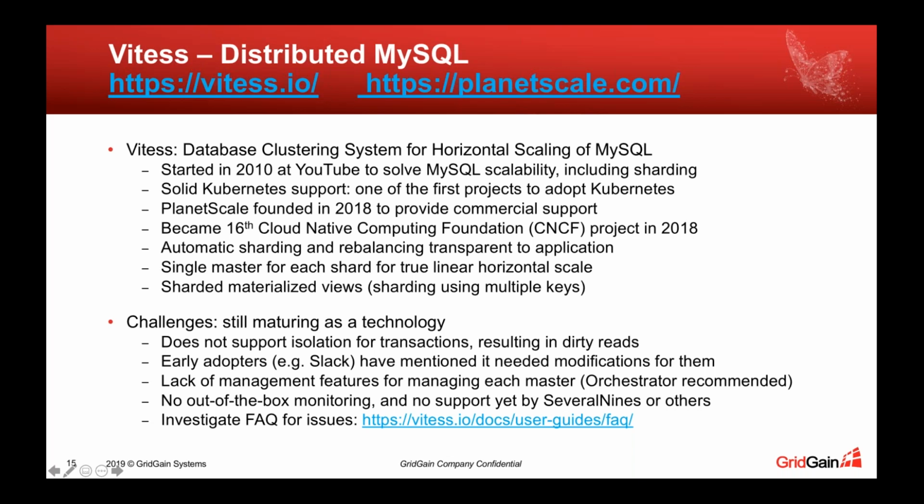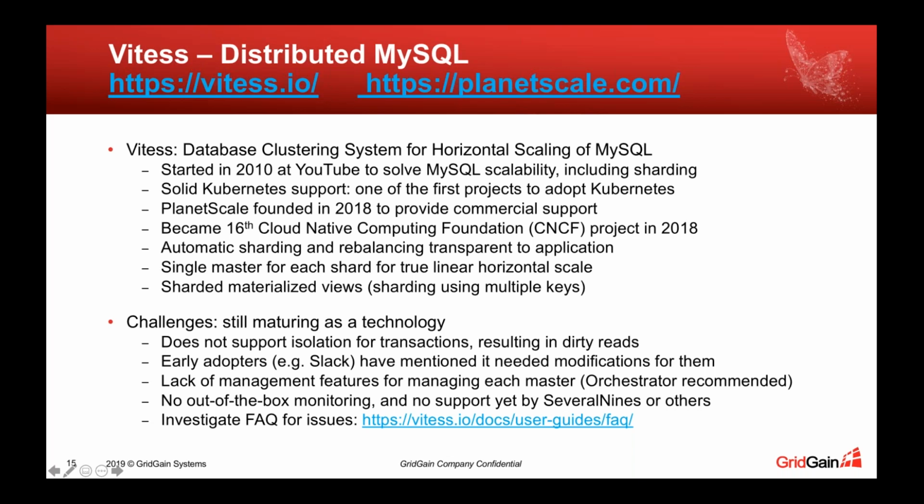For writes, there's only one master. And if you figure out how to partition right, it's true linear horizontal scale. It shards using multiple keys, what they call sharded materialized views, which means you have at least a shot at supporting multiple workloads. It does not have user-defined sharding, which would be the next step to shard even better and minimize the network fetching between nodes for data that's missing in a particular node.